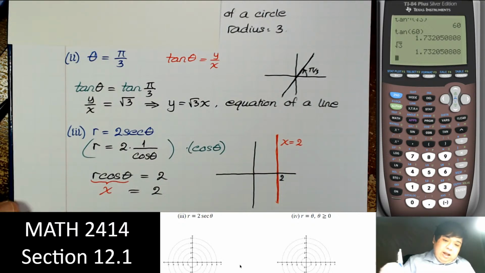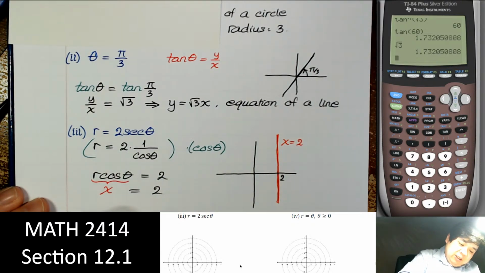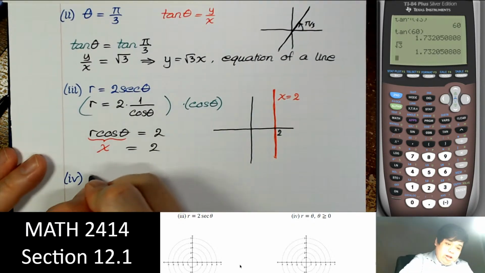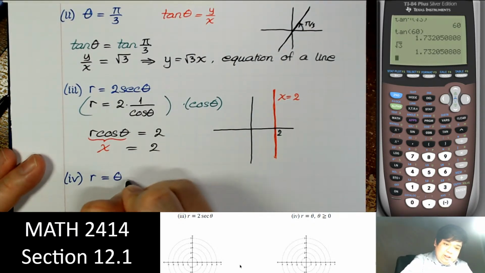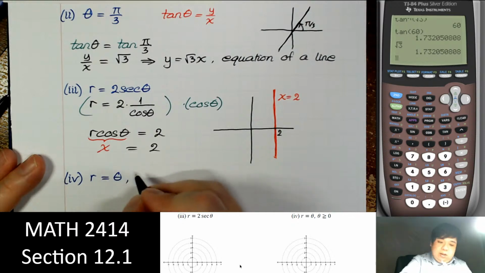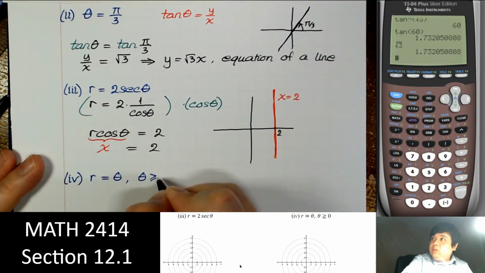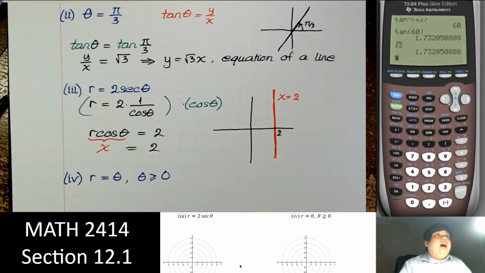And then on the next one, what is r equal to theta? This is kind of difficult to describe, so let's just try to draw this.